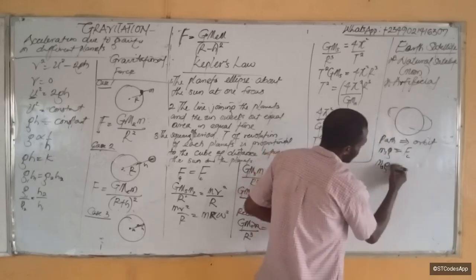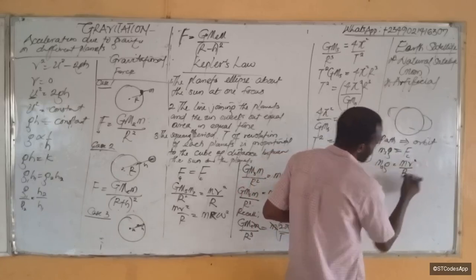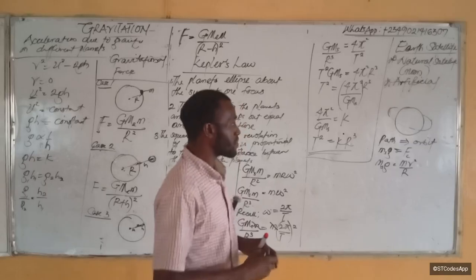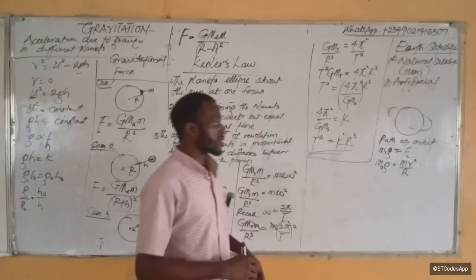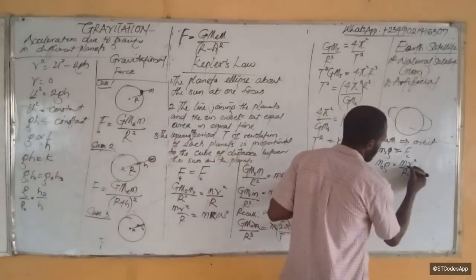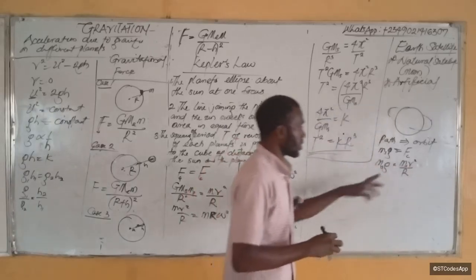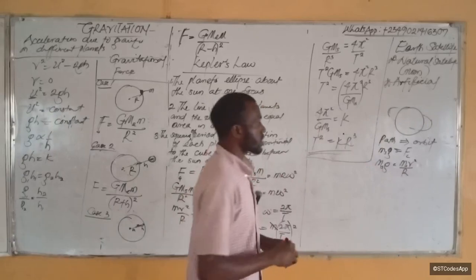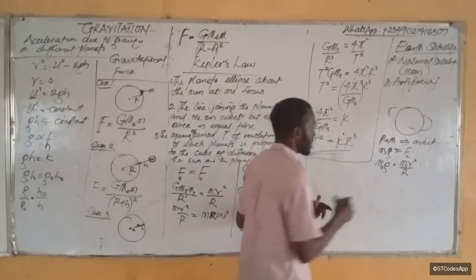So m sub s g will be equal to m v squared over r, with r being the distance, the mass of the guy. Okay? So this r is the distance of that satellite from the Earth.